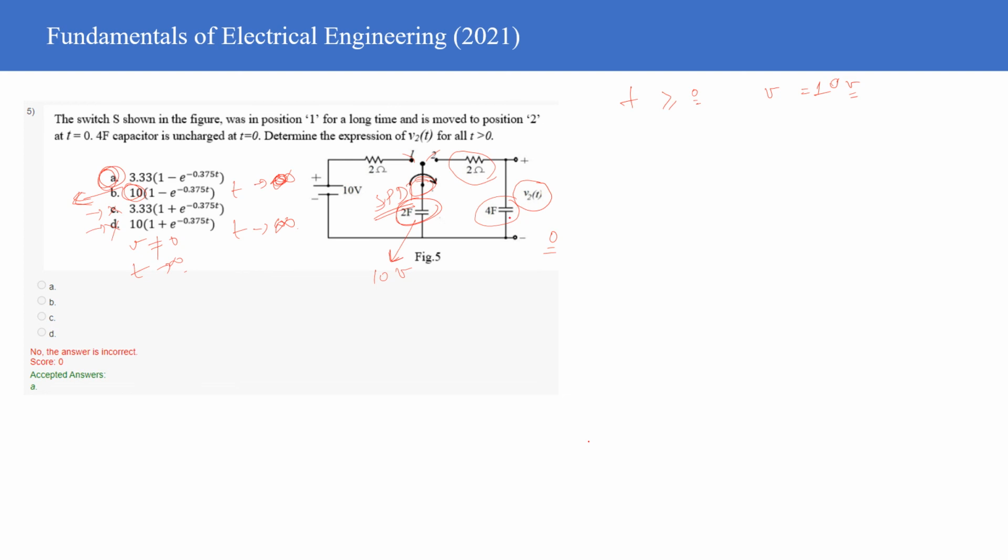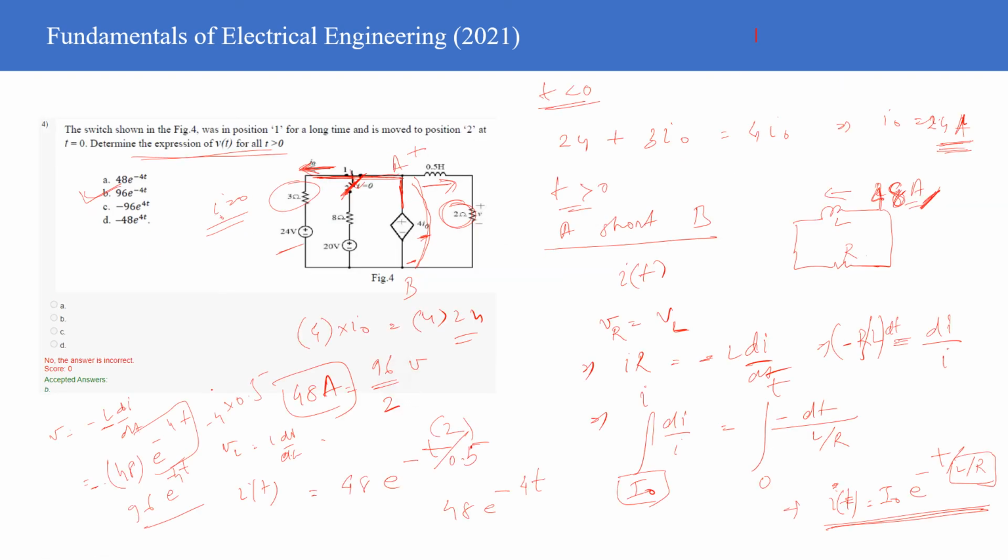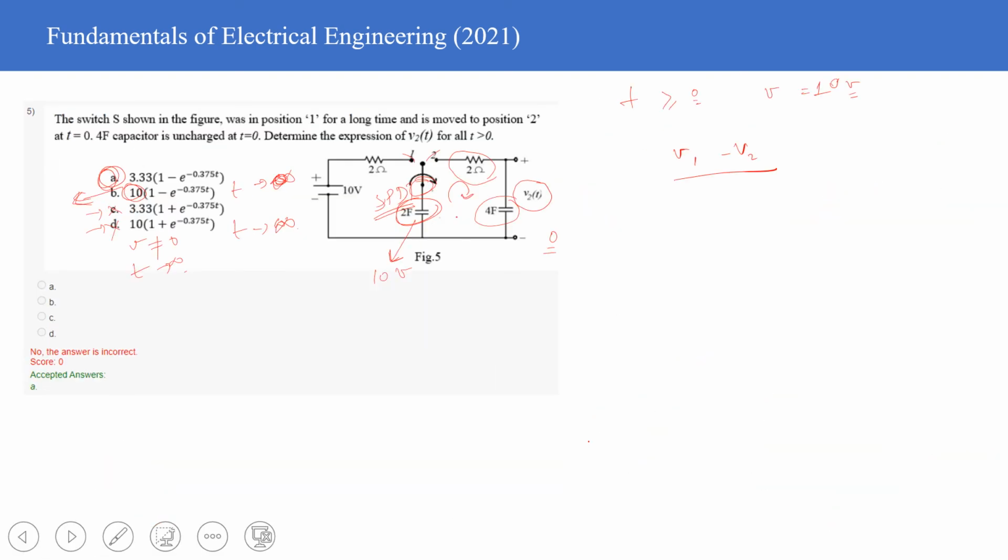So I can write that the current here is going to be the same, so (V1 minus V2) divided by 2 is equal to C2 dV2 by dt. Now what is V1? V1 is the potential at this node.